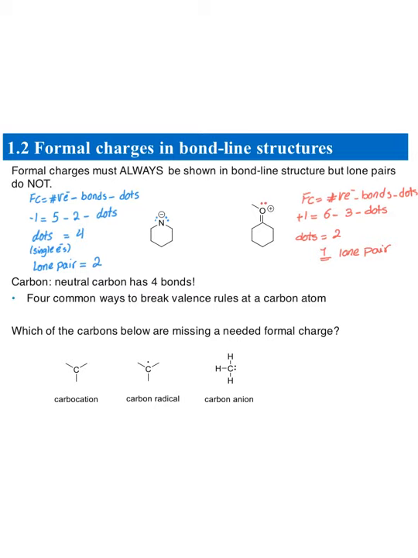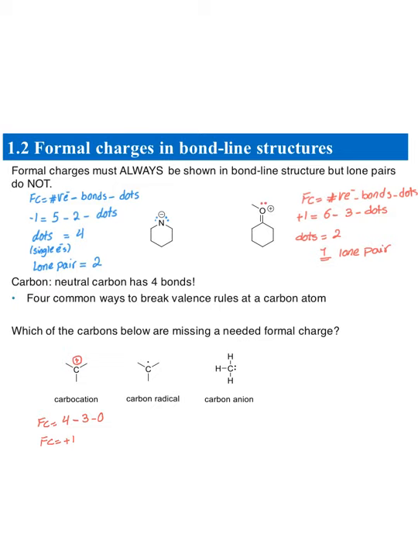Carbon with 3 bonds, trivalent carbon, without any lone pairs, without any electrons around it, is always positively charged. You can even do the math to find the formal charge here. Carbon has 4 valence electrons minus the number of bonds, no dots. That gives you a formal charge of +1.